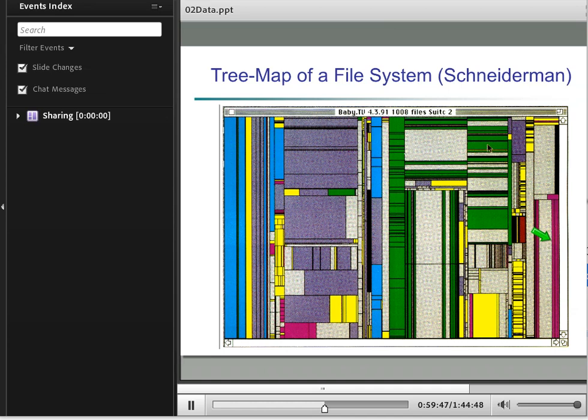I think this image is not strange for you. Something like this is used for file system in a computer.